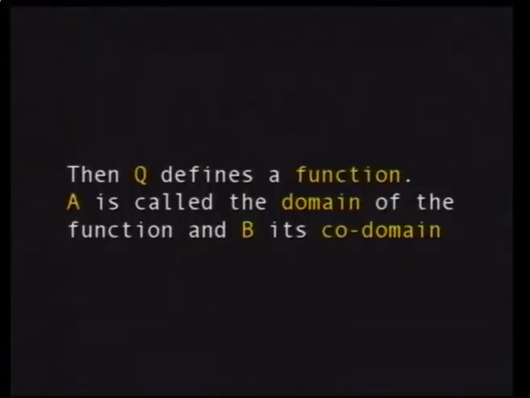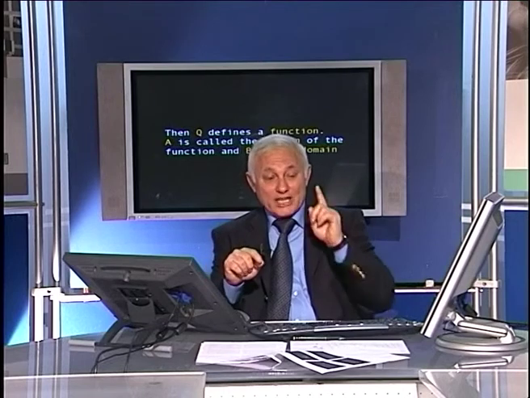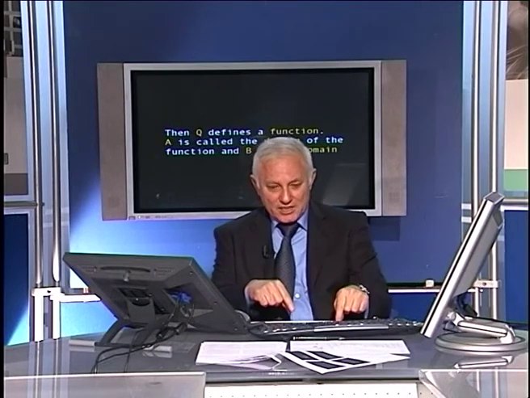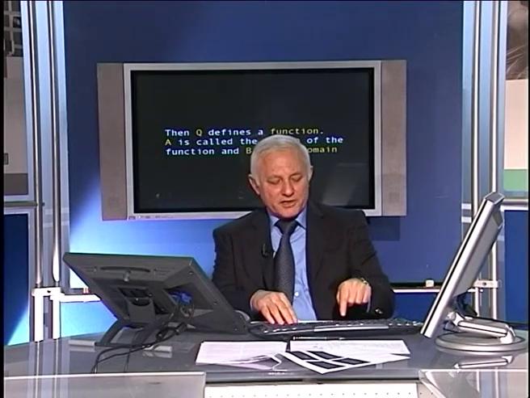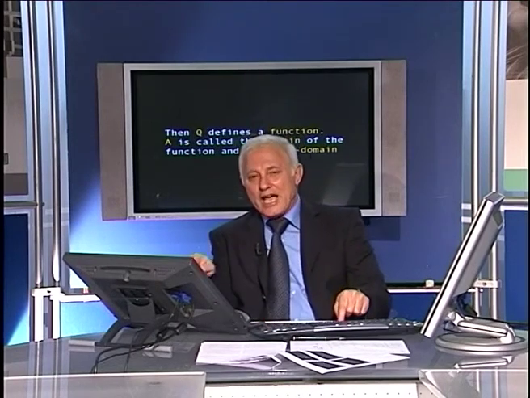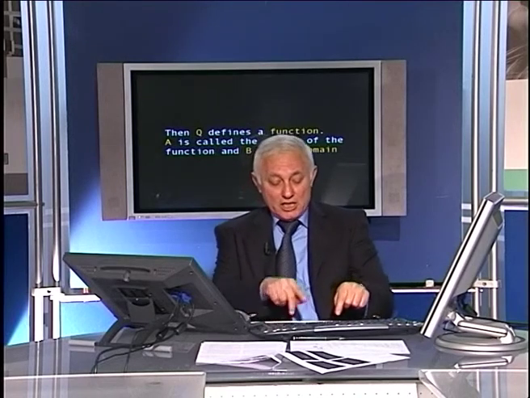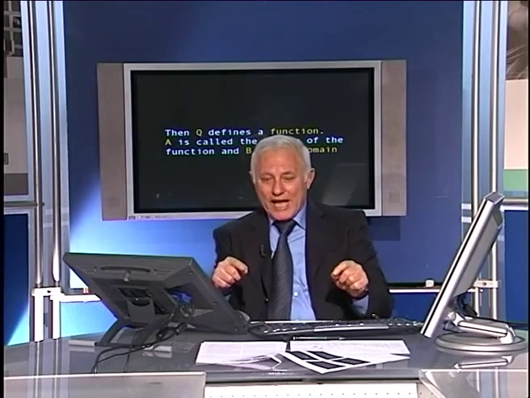A function Q is a relation of ordered pairs relating elements of A with elements of B pertaining to a certain rule, but such that we have to make sure that an arrow emanates from every point in A. In other words, there are no elements that have no correspondence in the other set B. And at the same time, every element in A emanates only 1 arrow, not 2 arrows.